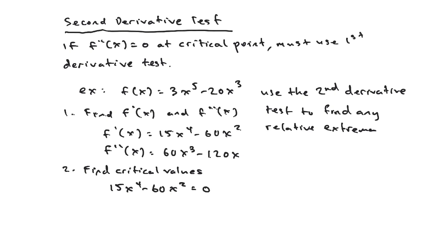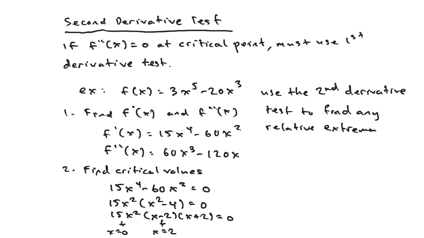To solve this, we reduce it to a quadratic polynomial by factoring out 15x squared, times x squared minus 4, equals 0. Then I can factor further: 15x squared times x minus 2 times x plus 2 equals 0. That tells me x equals 0, x equals 2, and x equals minus 2. So these three are our critical values.